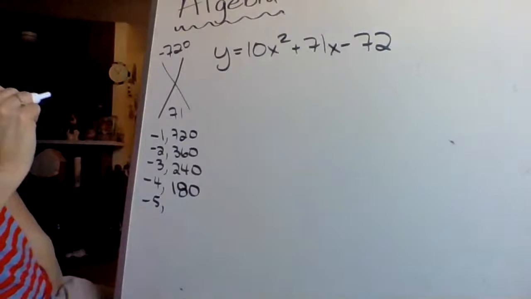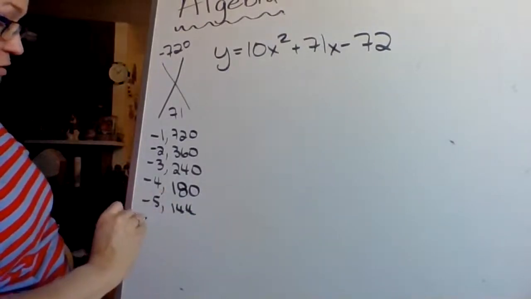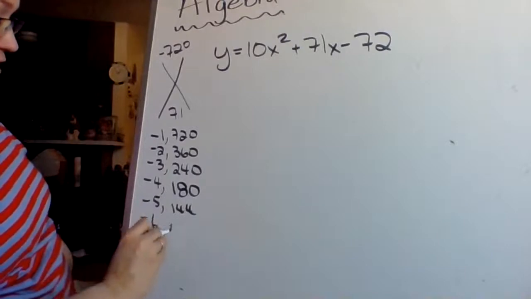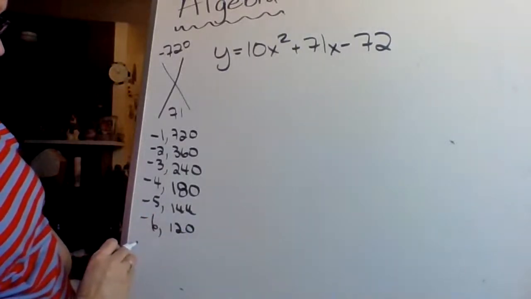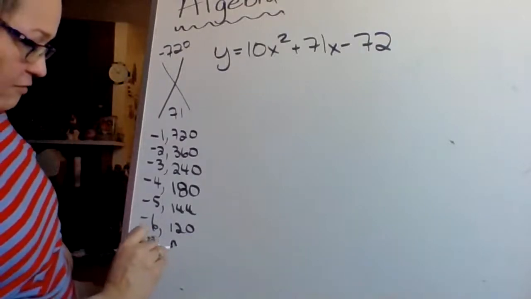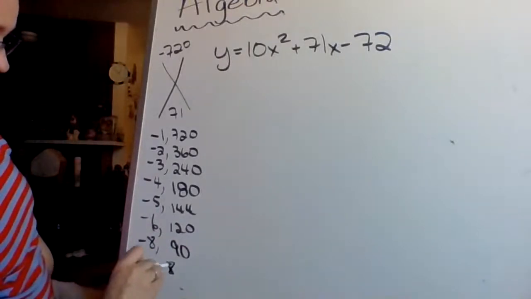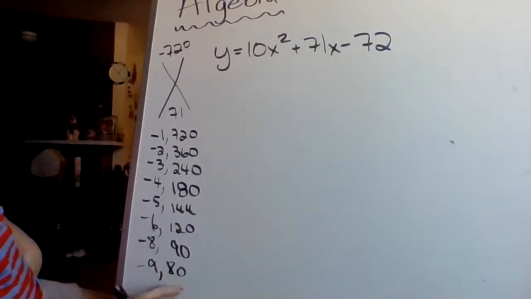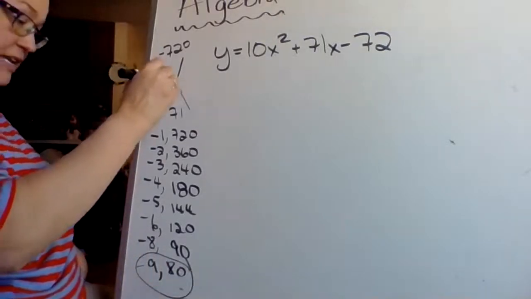Negative 5, 144. Oh, that was horrible. Negative 6, 120. Now to 7, then 8. Negative 8, 90. Why did I even look on that one? Negative 9 is 80. Does that get me 71? It sure does. So negative 9 and 80.